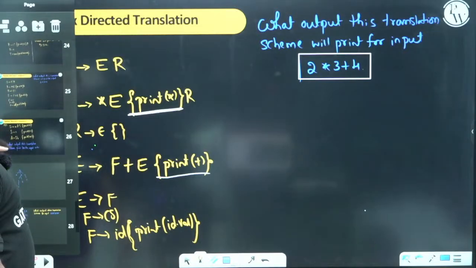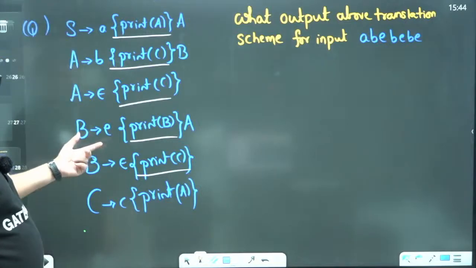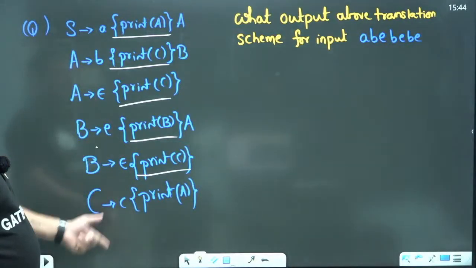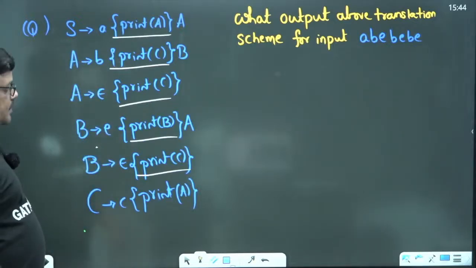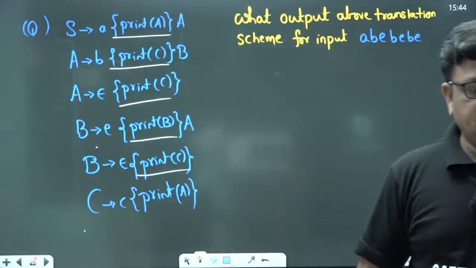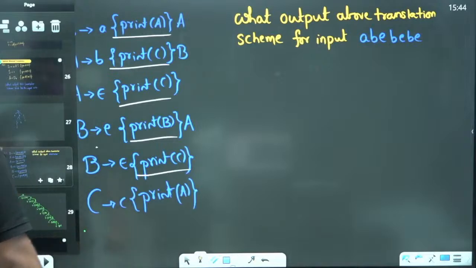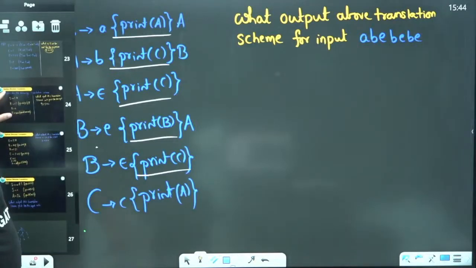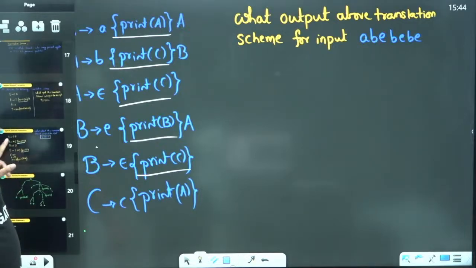You can see some SDTs here. Look at this. The rule is there in the middle. If the rule is there in the middle, then how will it be executing? This is also a simple concept.